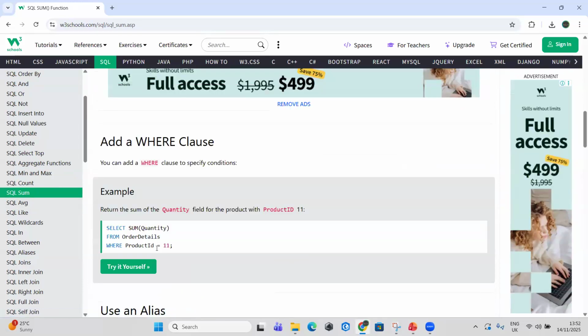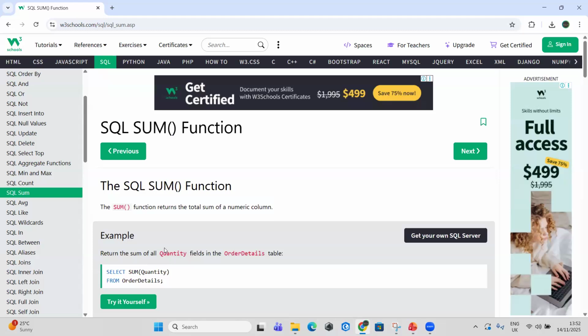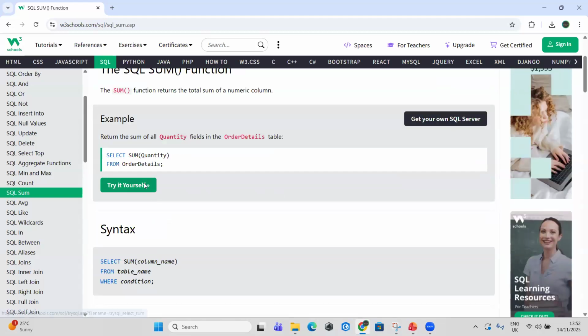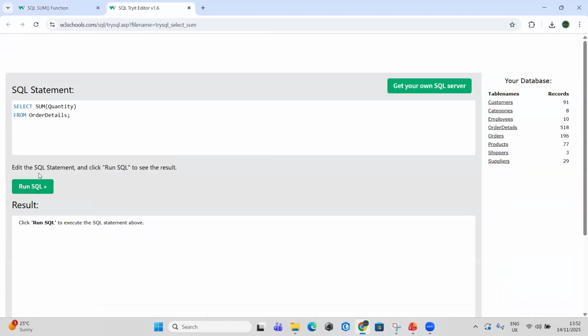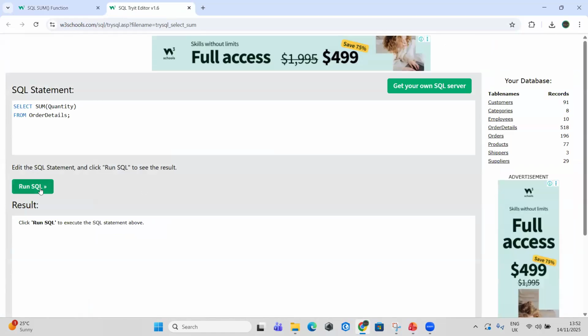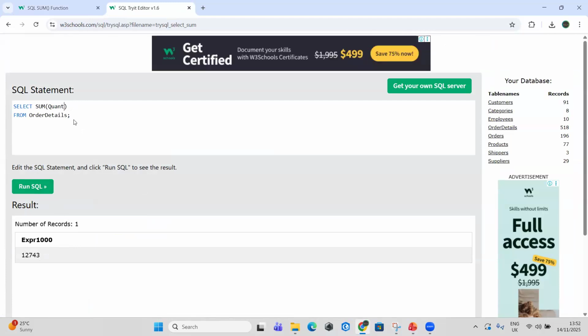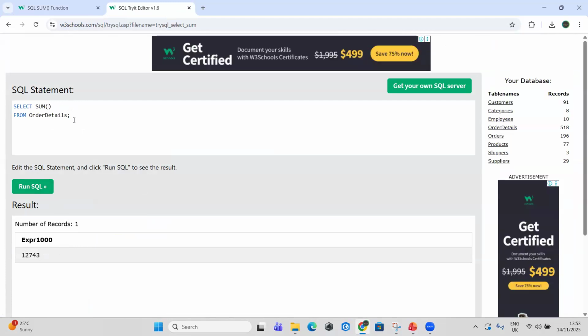For example, the quantity is 127. For example, the total price of the... okay, this is a new table, order details.